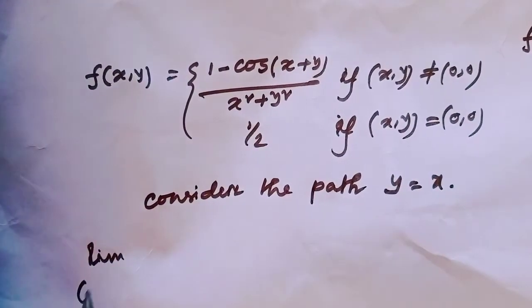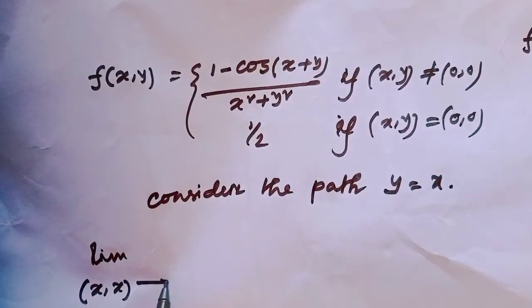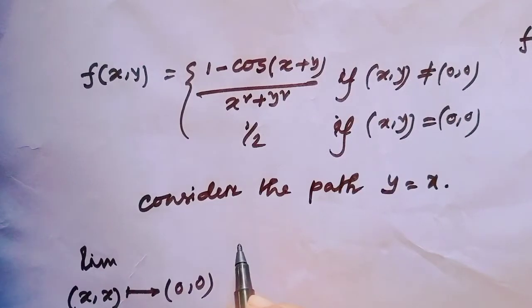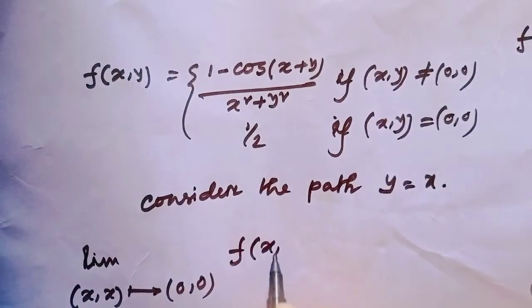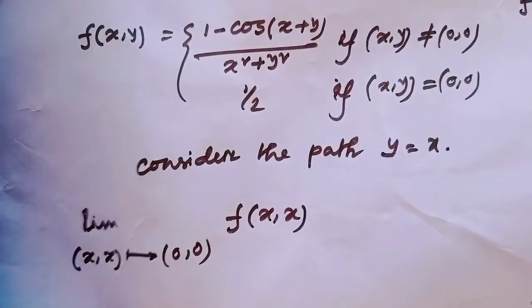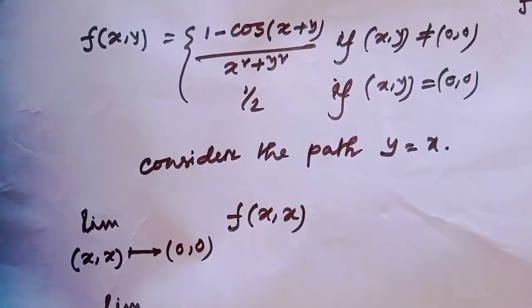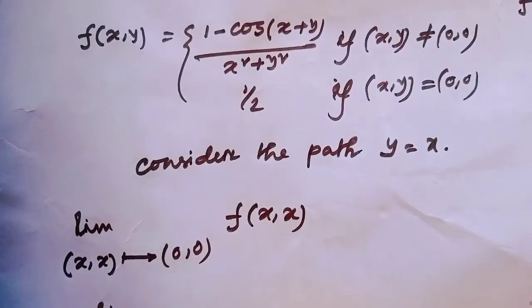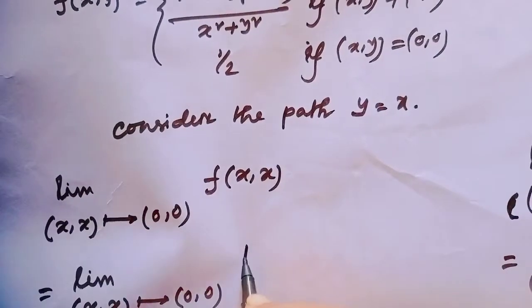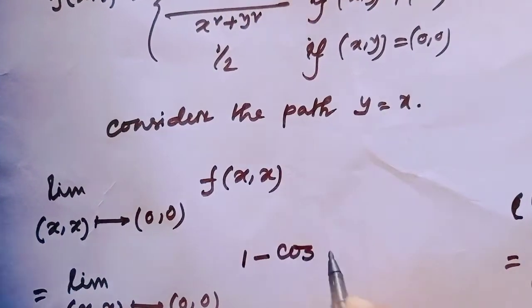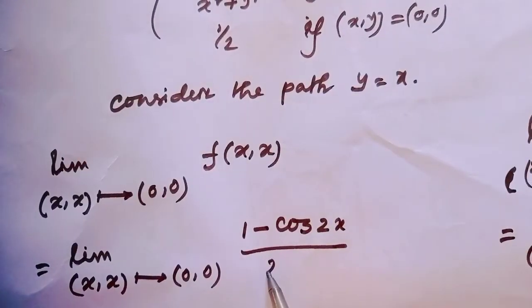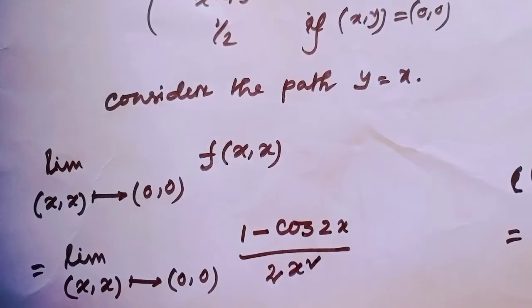For this path, we have to find the limit as (x,x) tends to (0,0) of f(x,x). This is equal to the limit as (x,x) tends to (0,0), and f(x,x) is equal to 1 minus cos 2x over, putting this value in y, 2x square.